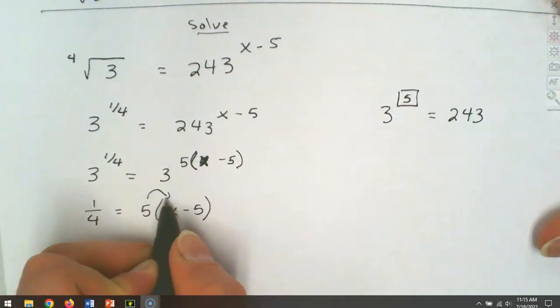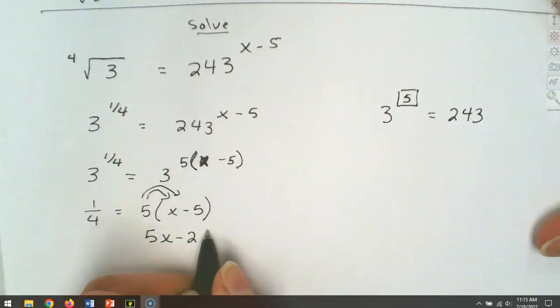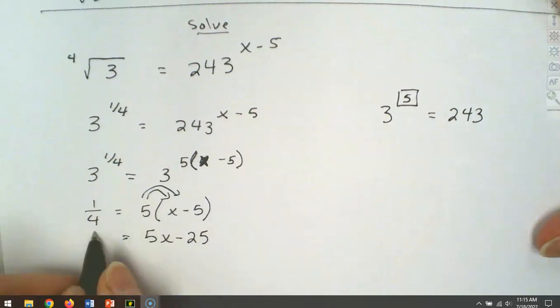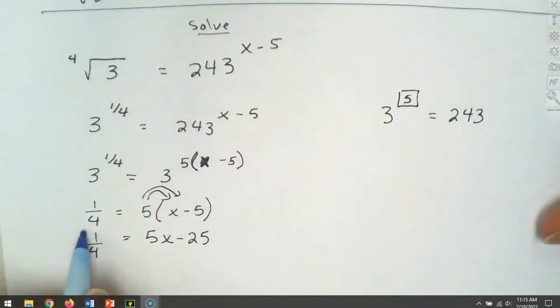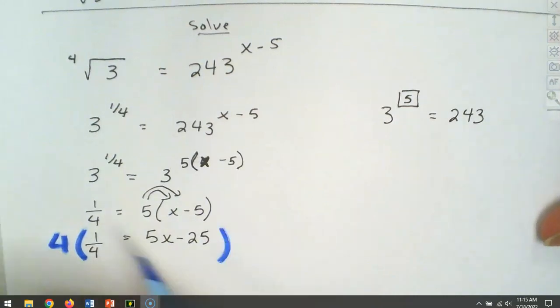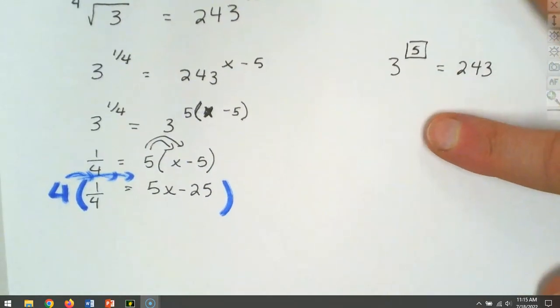So we're going to distribute that 5 through. So that's 5x minus 25 equals 1/4. Clear out our fractions, so multiply everything by a 4 just to get rid of those. So that'll clear out our fractions here.